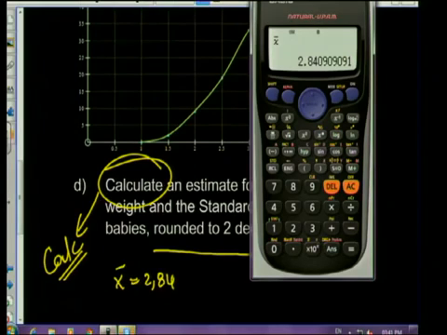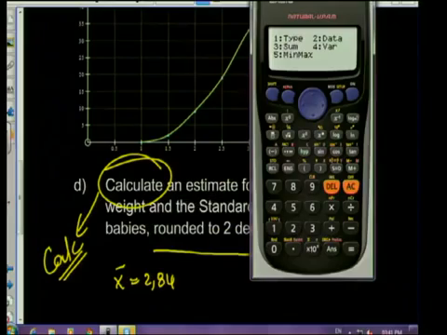And of course, I'm rounding to 2 decimal places because that's what the examiner said. But you have got the standard deviation also in that calculator 1 button away. So go back to the var. So I press my shift, press my stat. I'm going to var, and there I'm going to find the standard deviation. And the standard deviation is option 3. On some calculators, it can look slightly different, but you're looking for that funny circle thing.